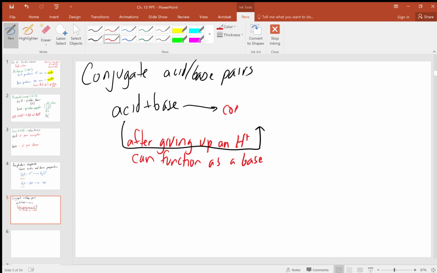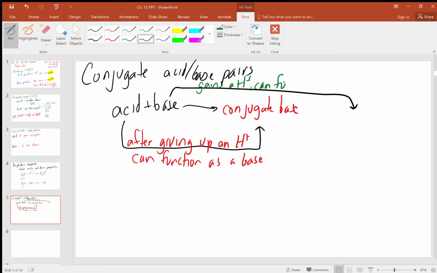So we call that the conjugate base. Whereas the base gains a proton and it can function as an acid. And we call that the conjugate acid.